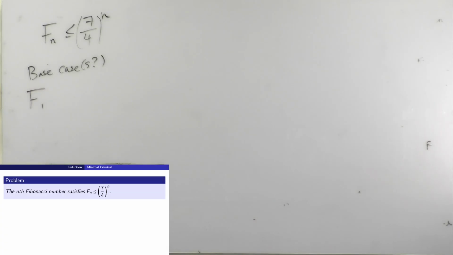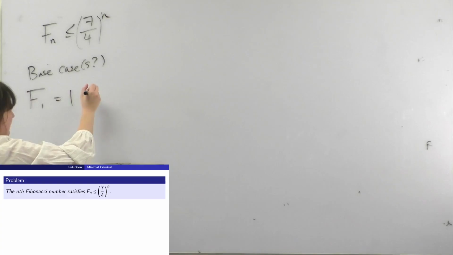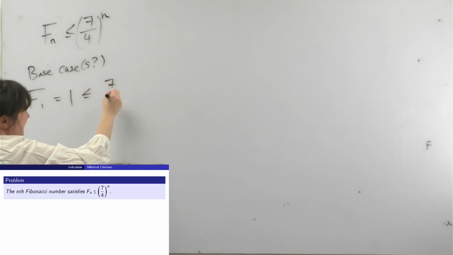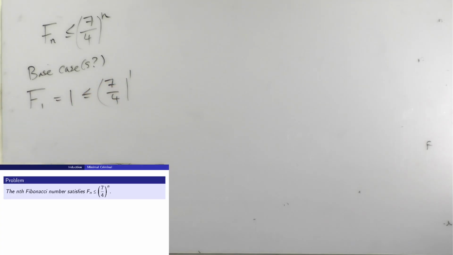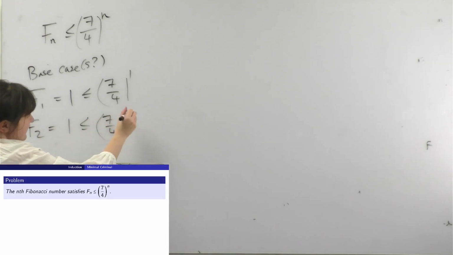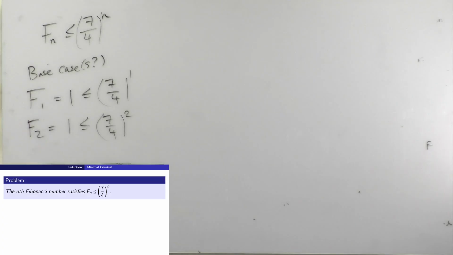Well, F1 is 1. That looks good. 1 is less than or equal to 7/4. F2 is 1, which is certainly less than or equal to (7/4) squared. Happily, 7/4 is bigger than 1, so when we raise it to bigger powers, it gets bigger, not smaller.